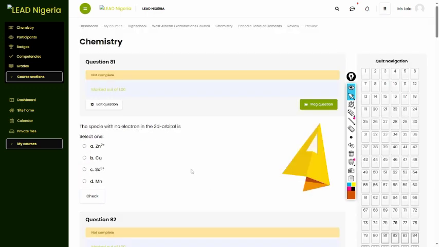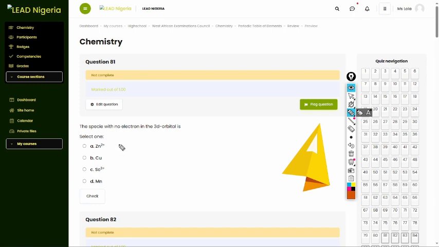Alright, question 81. The species with no electron in the 3d orbital is... So we need to write out the configuration for all of these and find out which one has no electron in the 3d orbital. Okay, so zinc 2+. Now zinc is the 30th element.